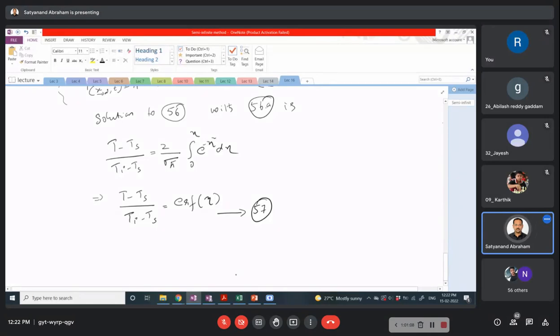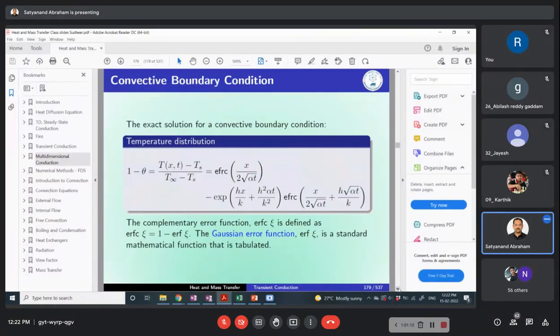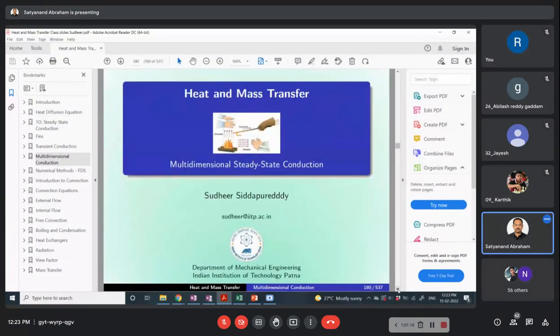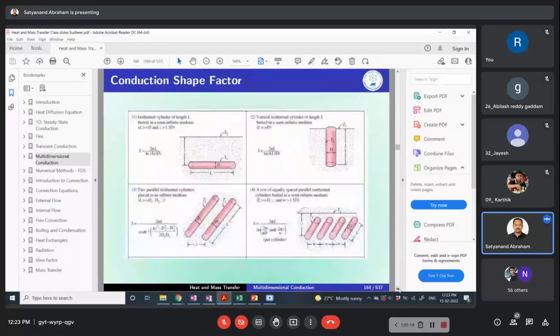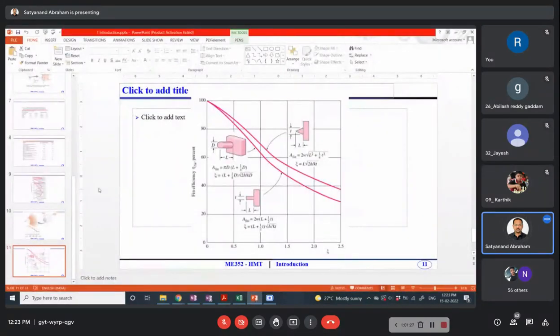Let me see whether the error function tables are available with me. I'm sorry, I haven't brought that now, so I will show it to you in the next class.